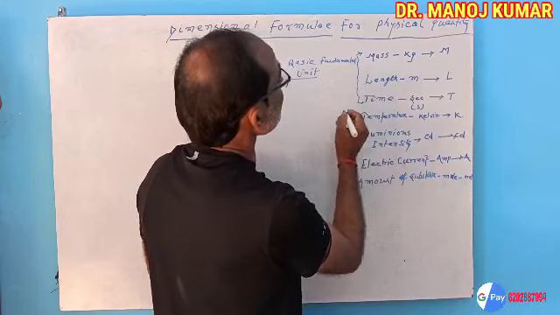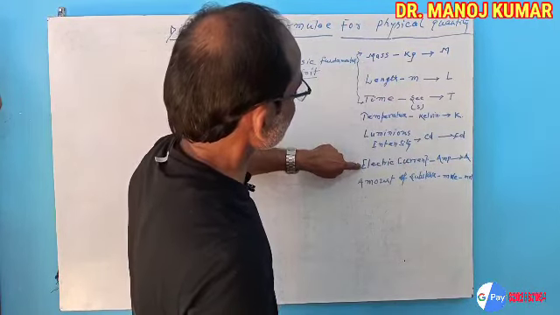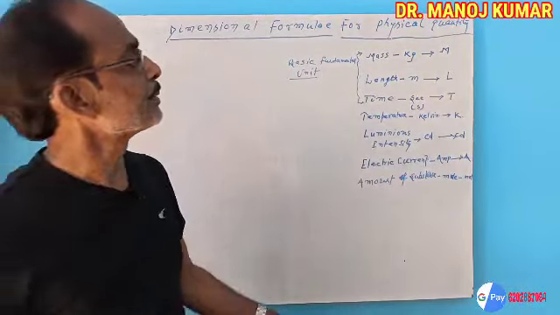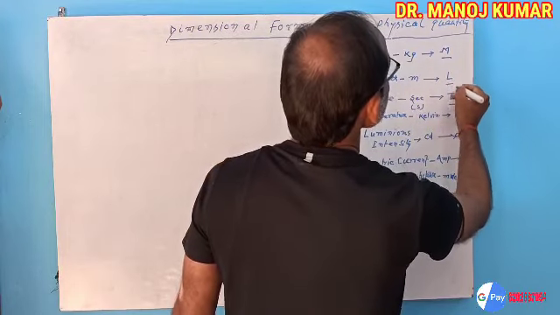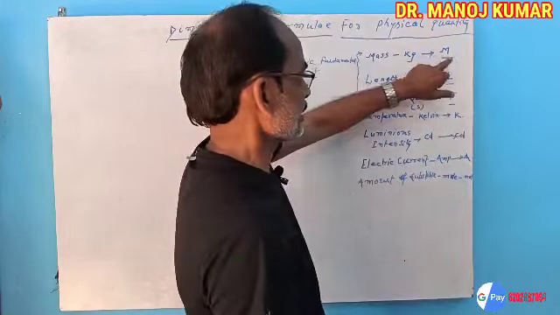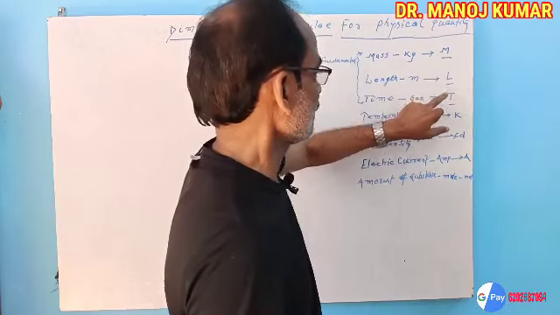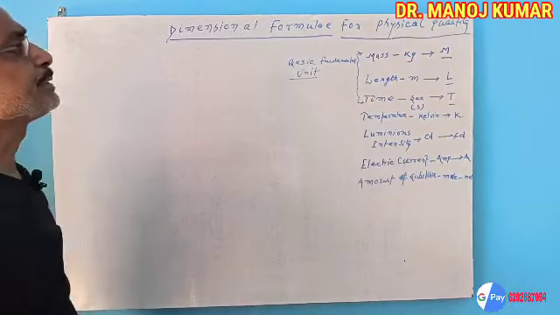These are 7: 1, 2, 3, 4, 5, 6, 7 are the fundamental units. Always remember these values. Mass can be represented by M, length can be represented by L, time can be represented by T.